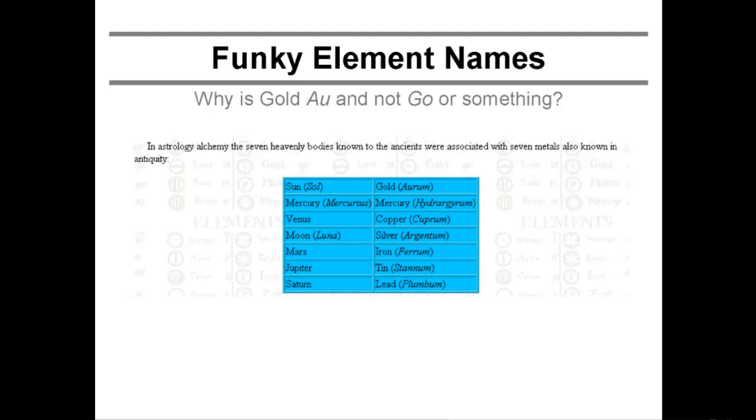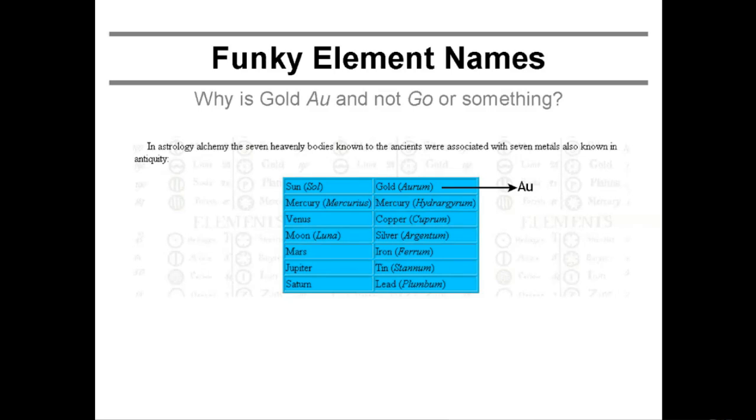So gold, the Latin name is aurum, and it got the symbol Au, and it stuck with it since colleges and universities in medieval time always had Latin as the science language. So a lot of things were published in Latin, written in Latin, lectures were held in Latin, and therefore these names stuck. So gold gets the Au from aurum.